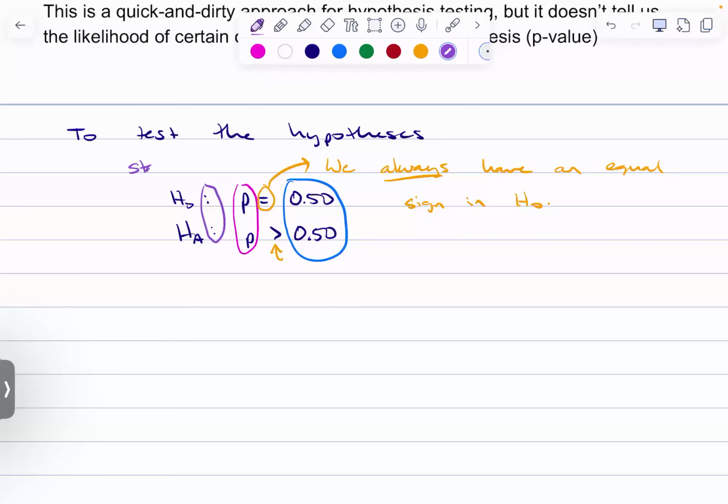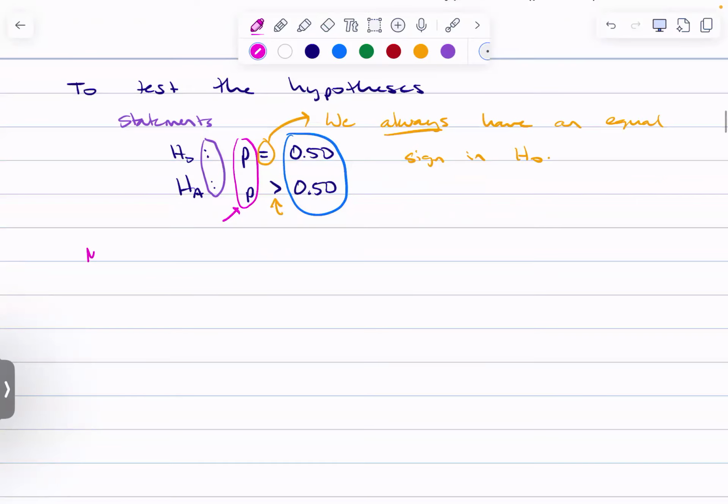These are statements. They have to be statements about the population parameter, or just the parameter. In this case, it has to be about P. So it's a statement and it must be about the parameter.